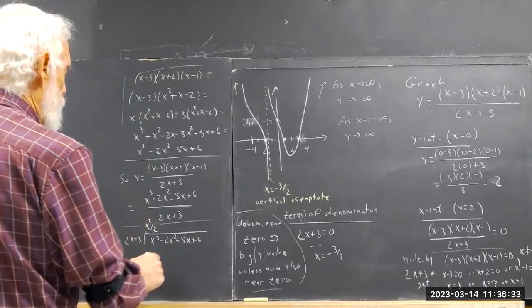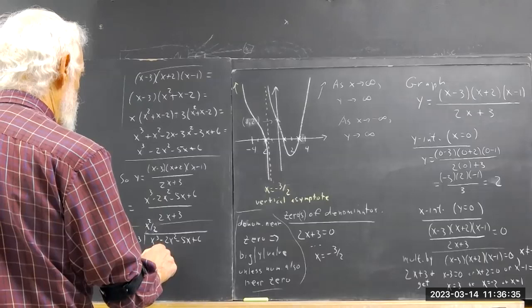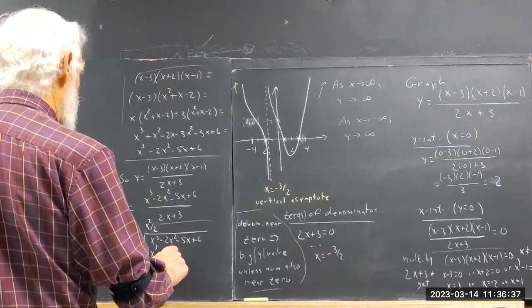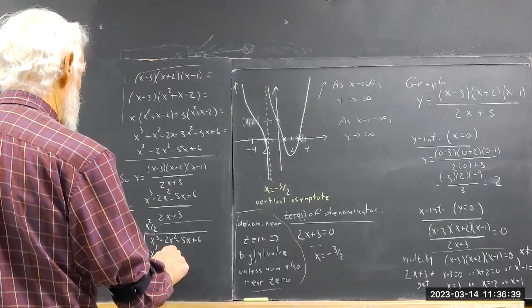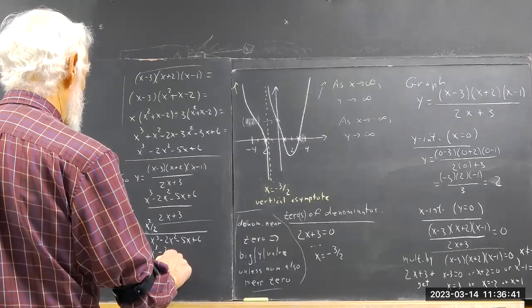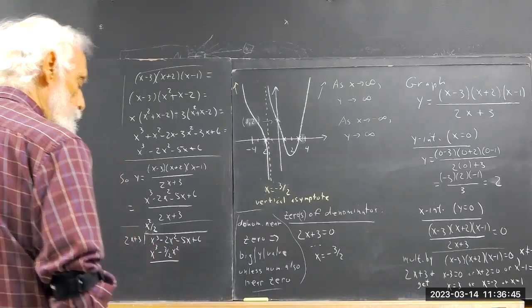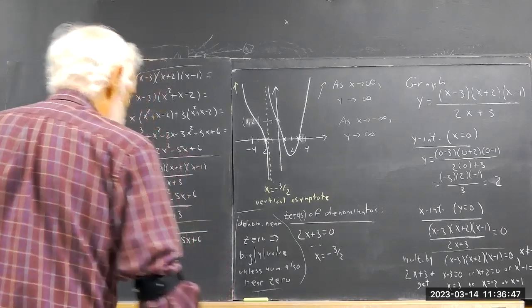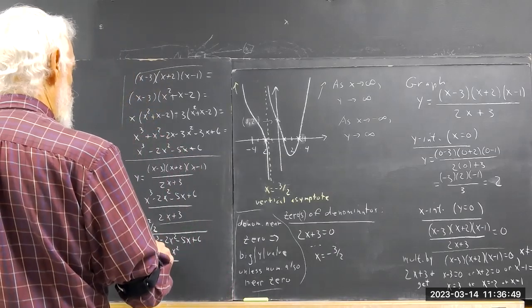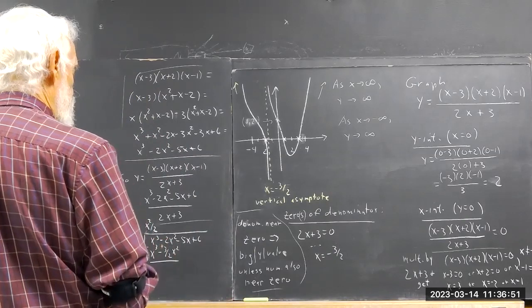We multiply x squared over 2 by 2x, we get x cubed, minus 3/2 x squared. And we put a fraction in there. That wasn't a good idea. And we make sure we get our signs right.